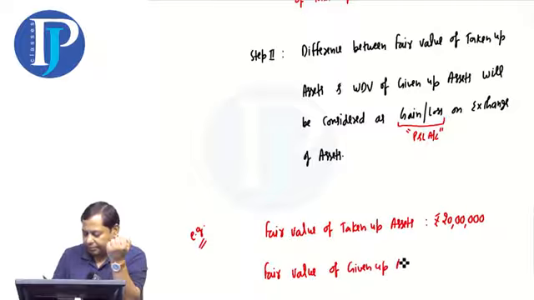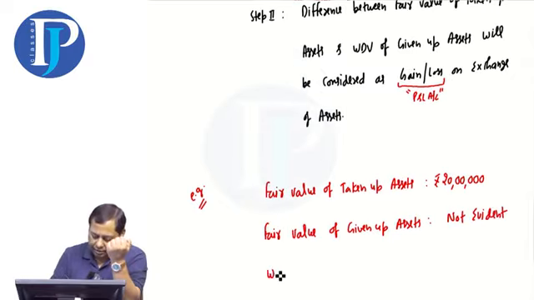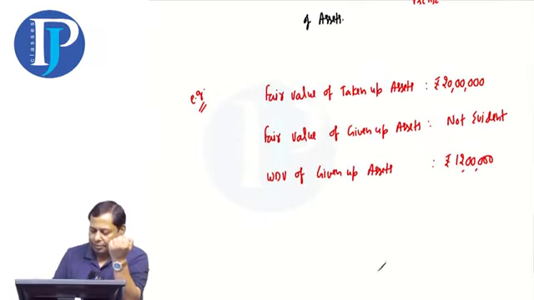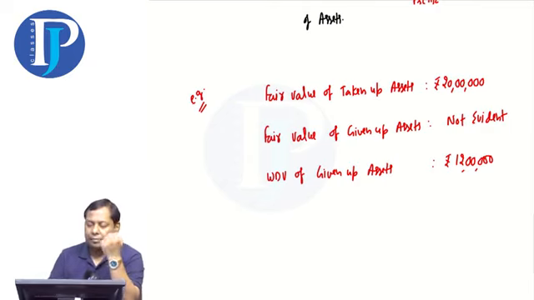Fair value of given up assets, not evident. We don't know. If it's unknown, the topic is over. WDV of given up assets, 12 lakh rupees.